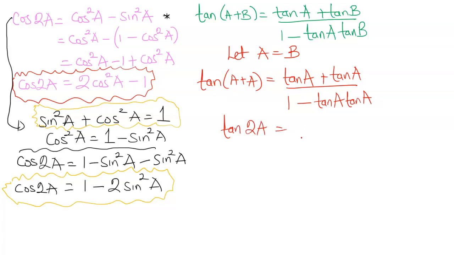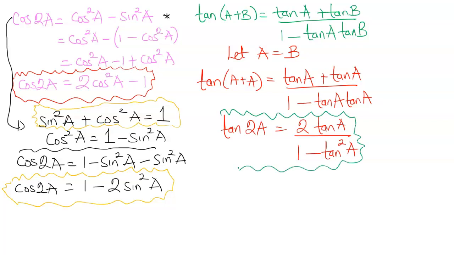So the right side at the top, tan A plus tan A is 2 tan A, divided by 1 minus tan A times tan A, which is tan squared A. This is the double angle for tan 2A.